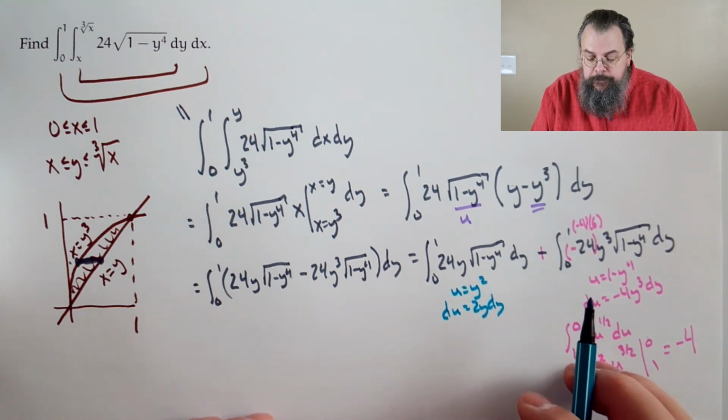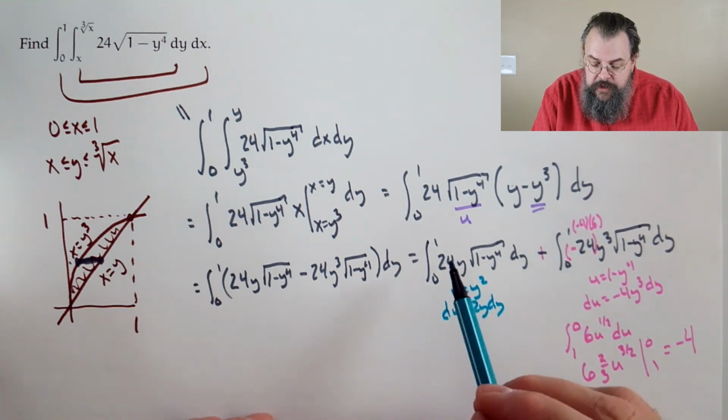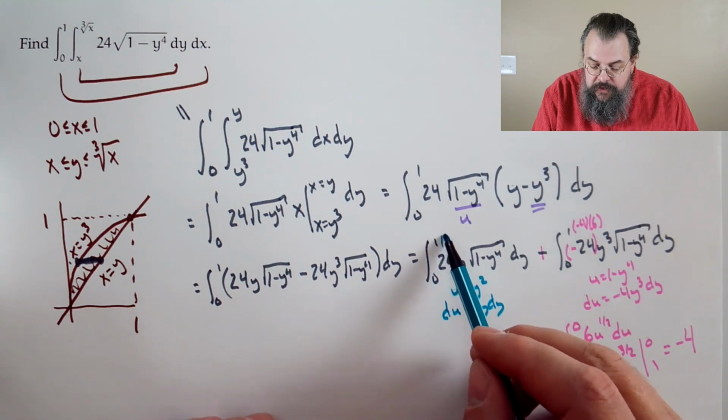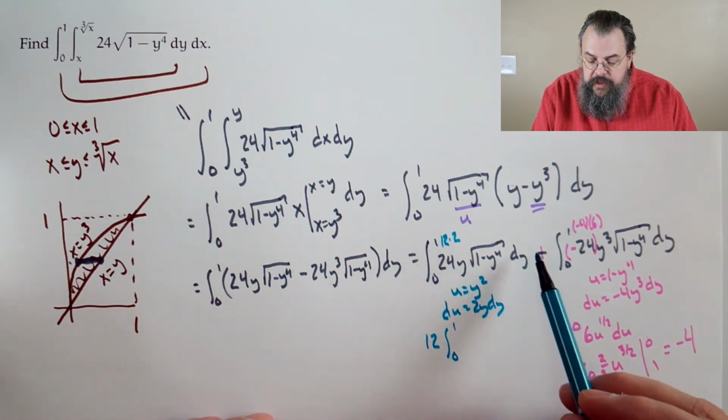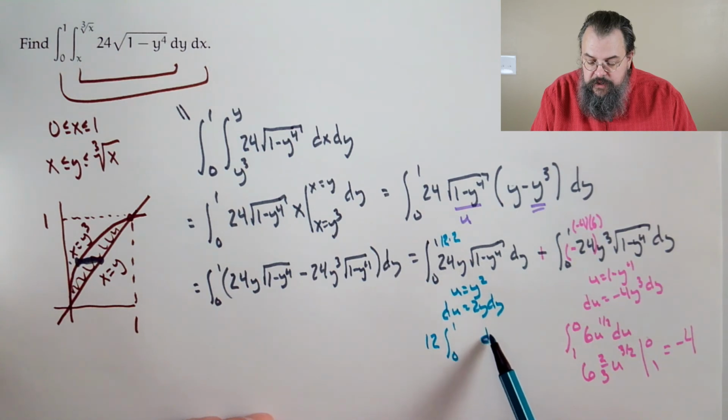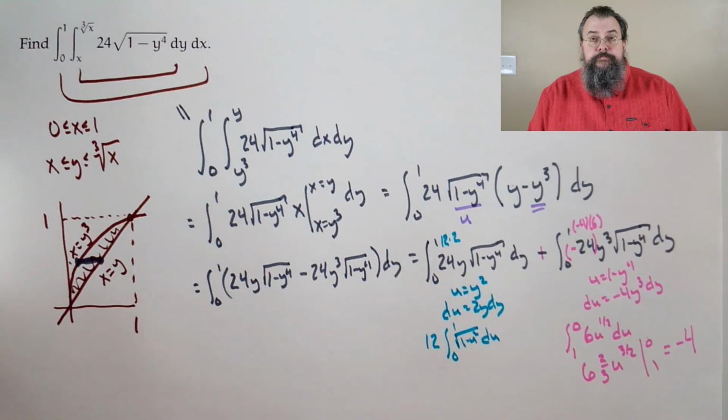And now we say, well, look, 24 is really 12 times 2. So we can write this as the 12 is a constant, can pull out, integral 0 to 1, 2y dy is du. And now we have the square root of 1 minus u squared. How do you integrate that?